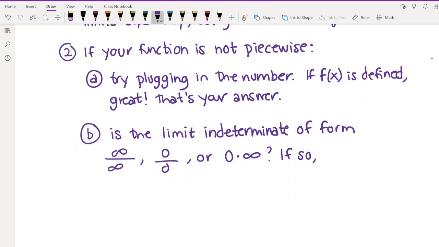If that's the case, you can use L'Hopital's rule. In some cases, we saw that there are other methods you could use, like algebraic simplification, but generally speaking, L'Hopital's rule is a little bit easier.